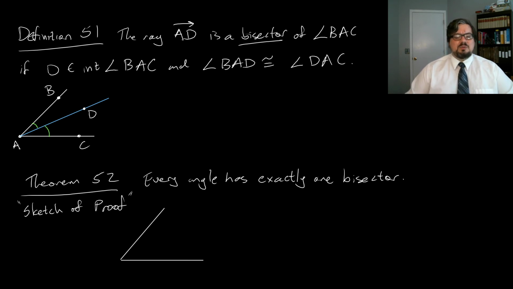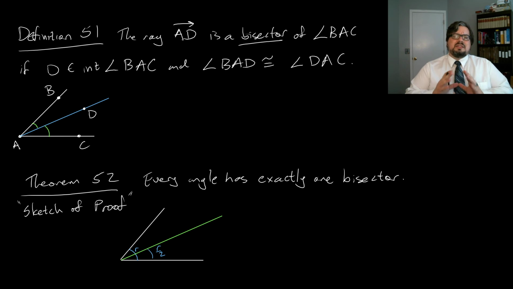It turns out that actually one of the more difficult parts of this process, if you try to build things up, is showing that the thing that you construct lies in the interior of the angle. So for instance, one fairly natural approach would be something like, well, let's look at the angle measure of this angle. This has some angle measure r. Well, let me go ahead and construct an angle here that has an angle measure of r over 2.